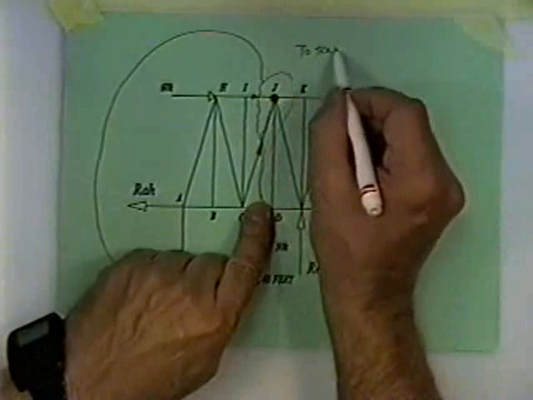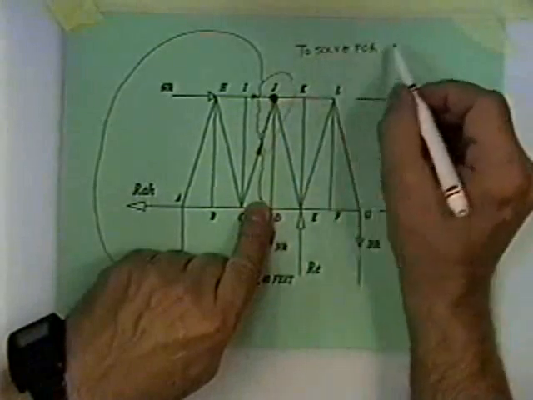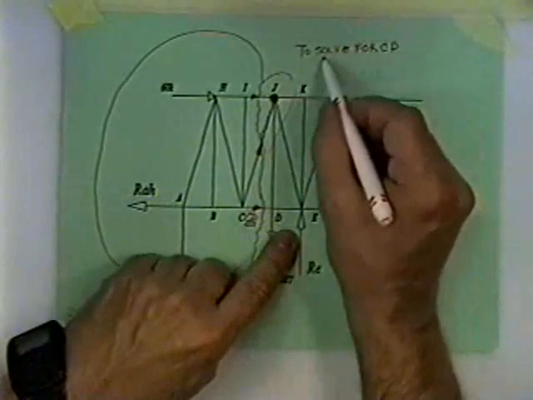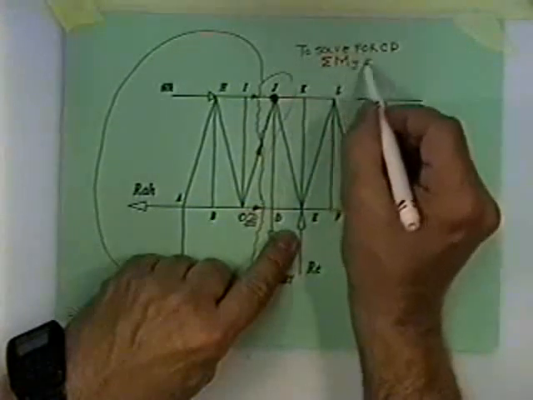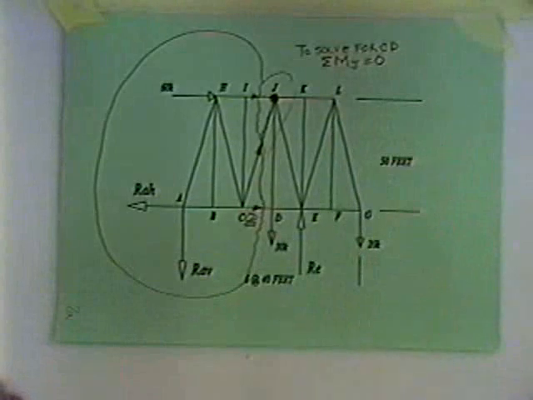To solve for CD, sum moments about J equals 0. Just that quick, just that easy. One equation, there'll only be one unknown in it, and you're on your way.